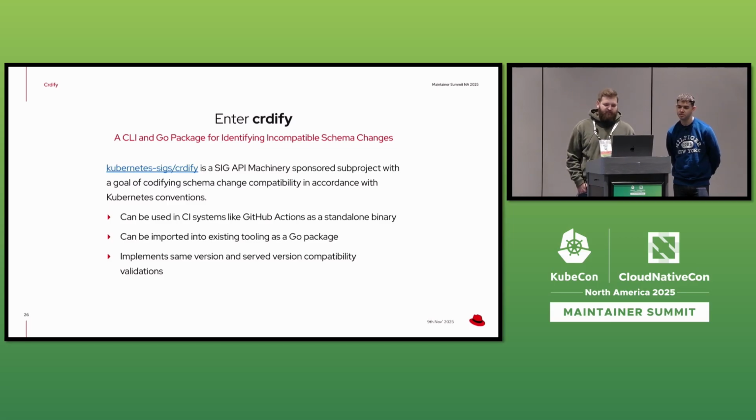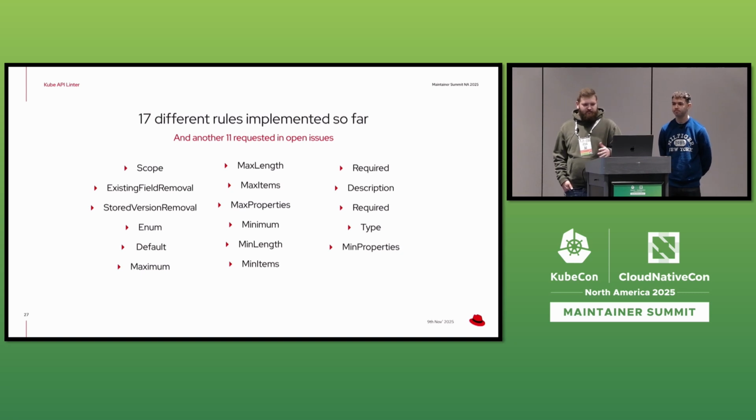And it has same version, so that first example we looked at where you're making a schema change on, say, a V1 API, you add or change some fields against the V1 API again. And it also implements served version compatibility with the ability to set it to ignore if you have conversion webhooks enabled. So we have about 17 different rules.